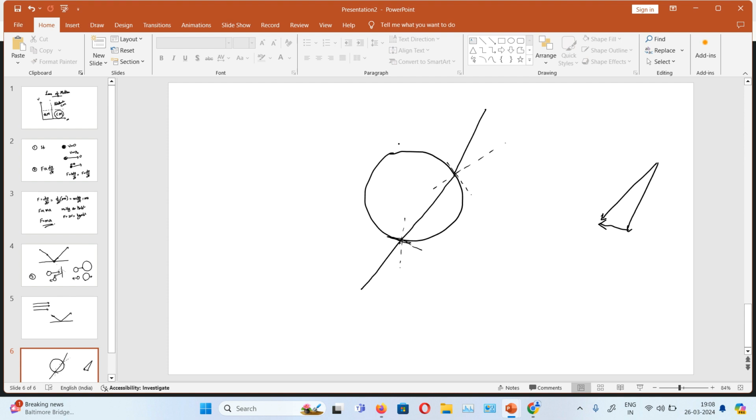So this means there is a change in momentum here. Correspondingly, there will be some force. So this is the ray, it's happening this way.